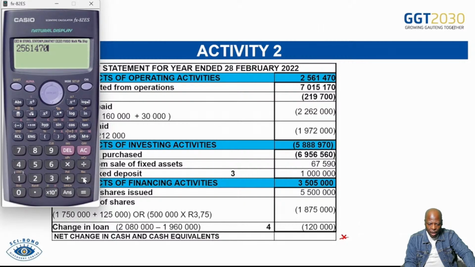Then I'm going to subtract my 5,888,970. And then I'm going to add my 3,505,000. And that is going to give me my net change, which is 177,500.